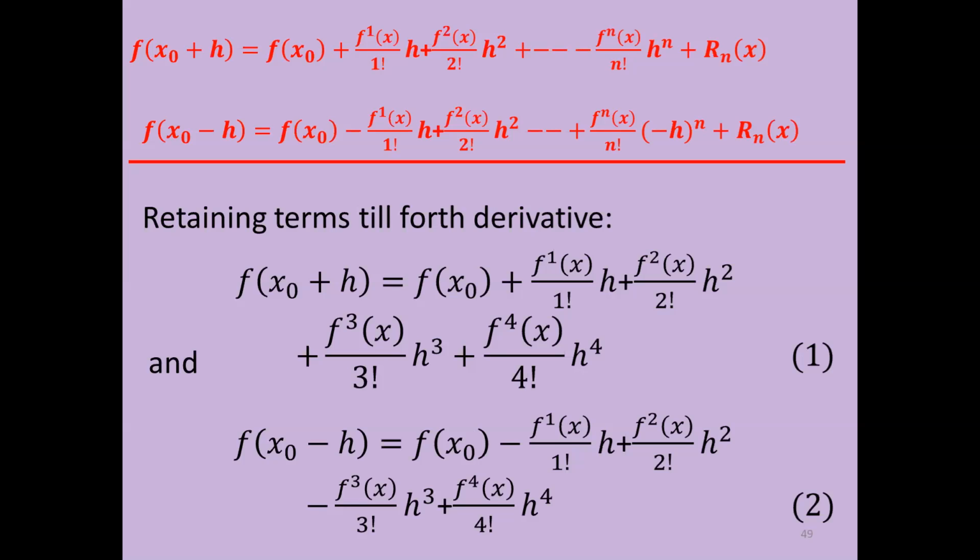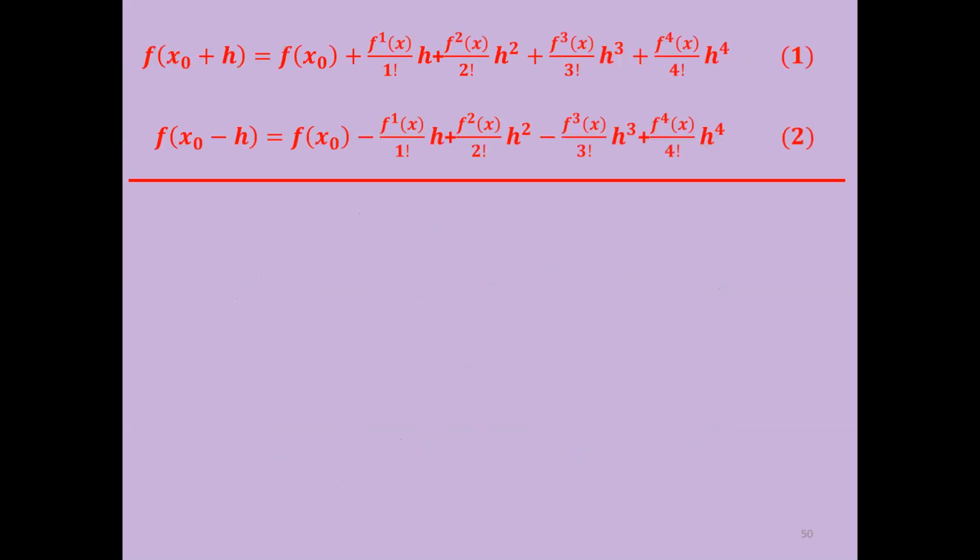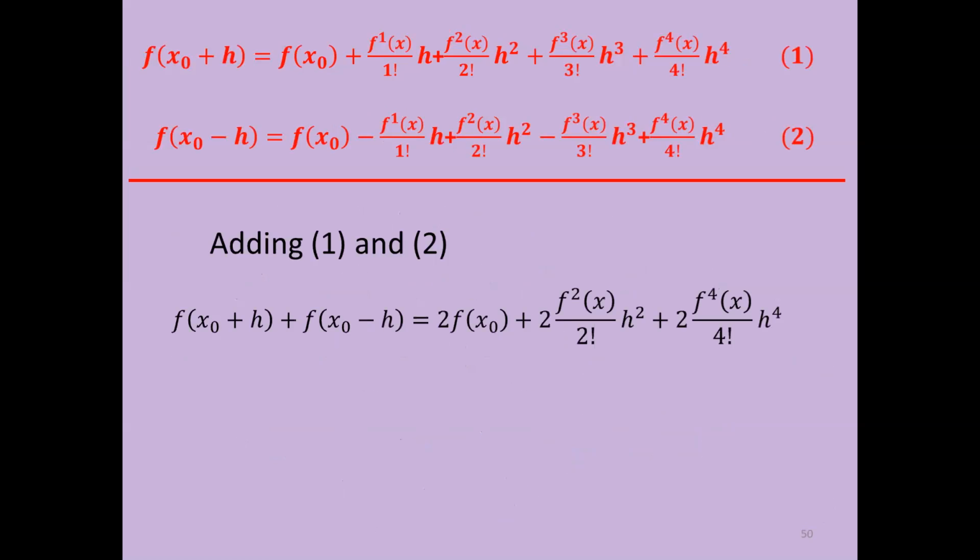The first step is to drop a number of terms. We are retaining only up to the fourth order derivative in this expression. So all the terms which have derivatives higher than the fourth have been dropped in these two expressions. And then we add these two expressions to get the final expression on display.